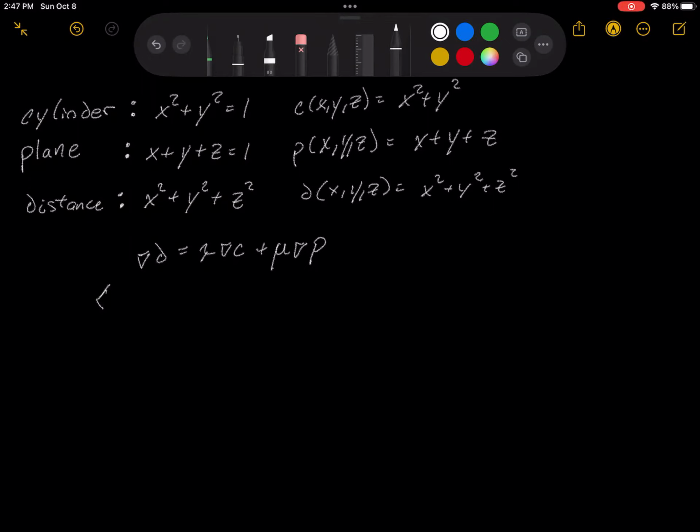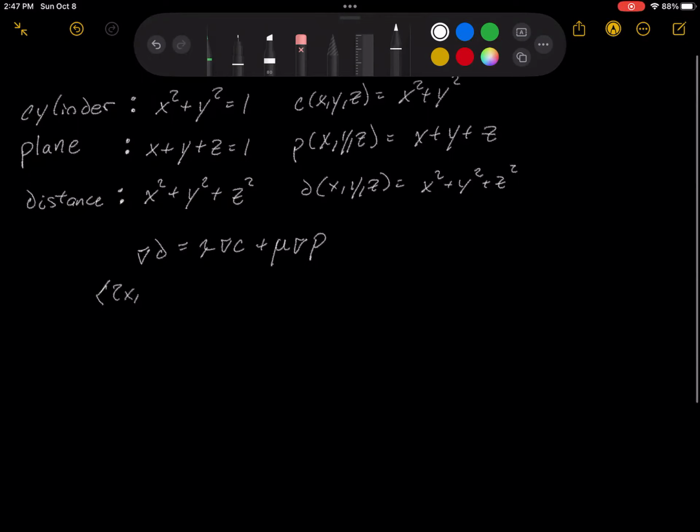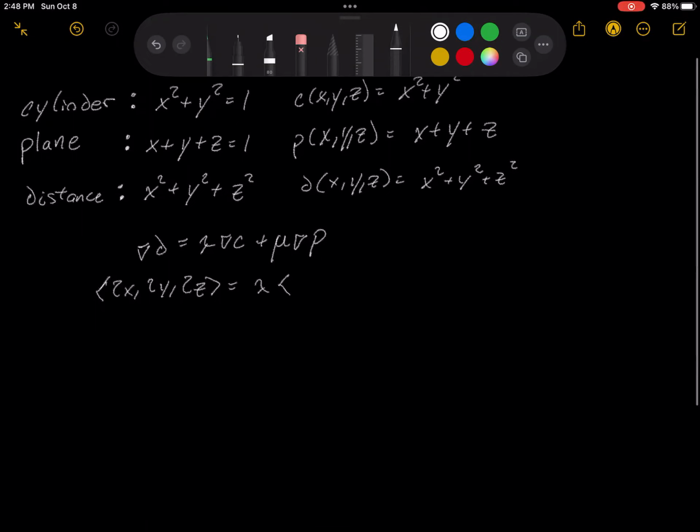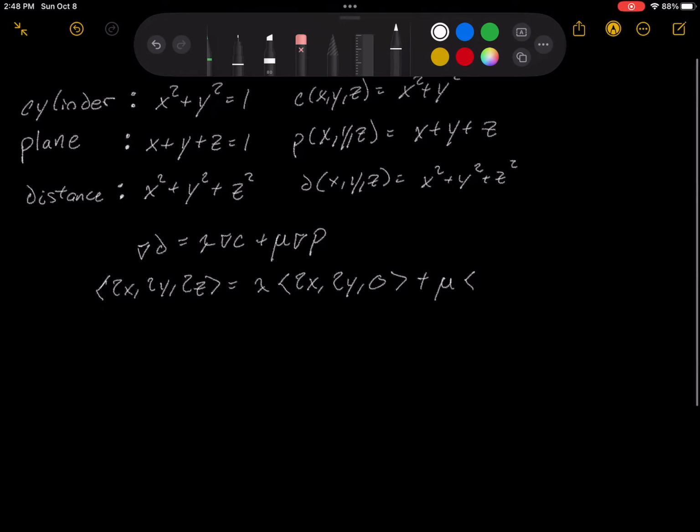The gradient of the distance function would be 2x, 2y, 2z, which now needs to be equal to lambda times the gradient of the cylinder equation, 2x, 2y, and 0, plus a scalar multiple, mu, of the gradient of the plane equation, 1, 1, 1.